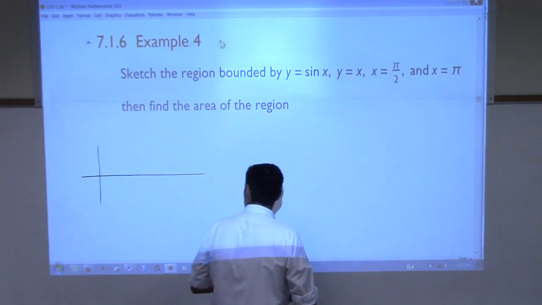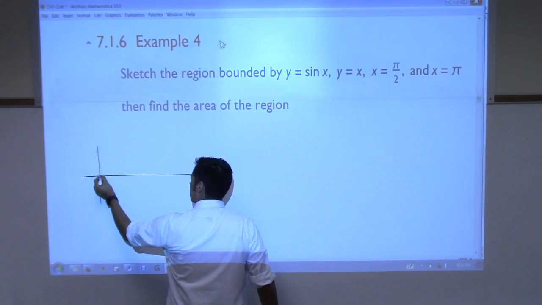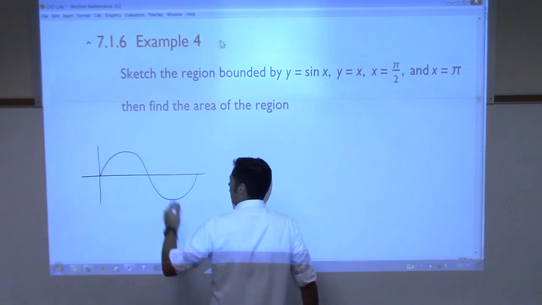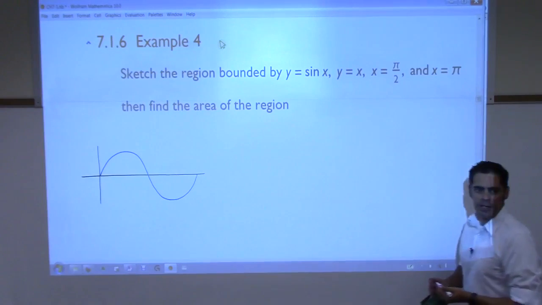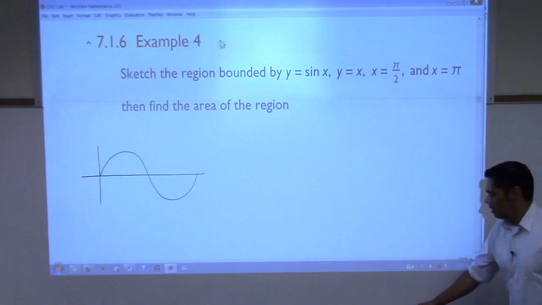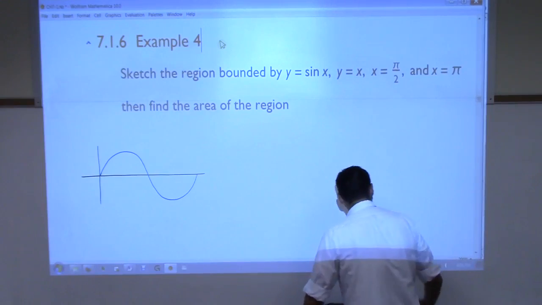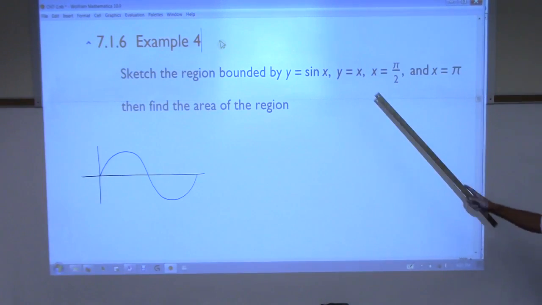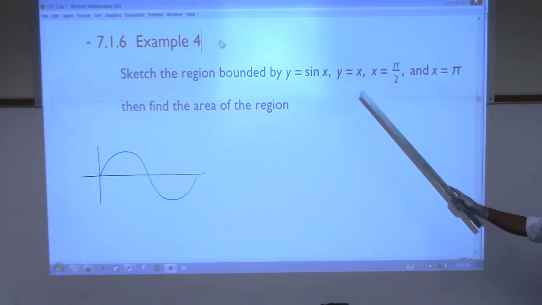Y equals sine x. It keeps going, right? But I'm just going to draw one period of that. Let's, for the sake of not making this more complicated than it has to be right now, skip y equals x just for a moment.